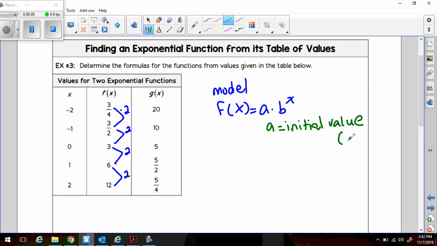So when x is 0, we get whatever a is, the y value. B to the x, where b is the base. Okay, so this is going to be where the pattern lies. We found our pattern.